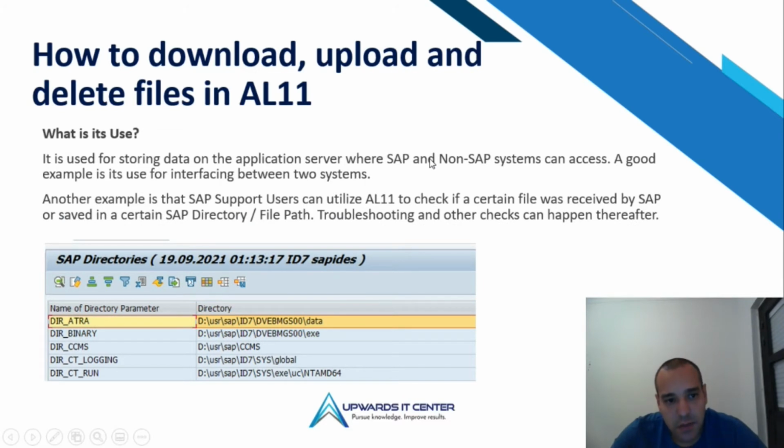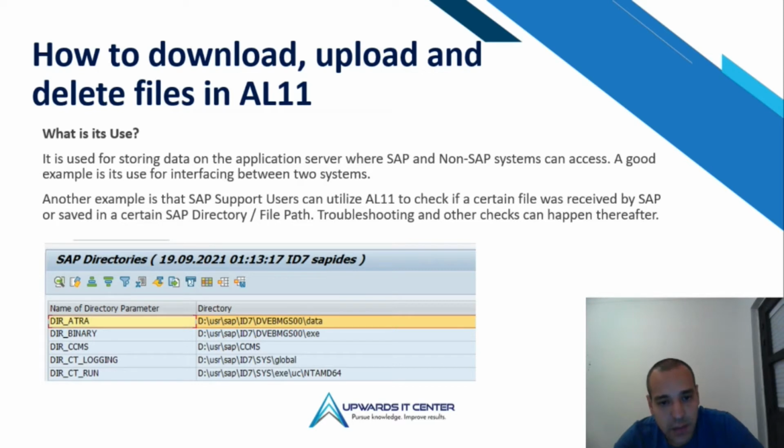What is this transaction used for? If you store data in this transaction, you can exchange this data through an interface with external systems, or maybe you can create a transaction to retrieve this data from this folder. If you want to create a transaction that uploads, for example, a text file to create material master data massively, this file is stored in this folder, and your transaction will find the file in this folder and upload it into the system.